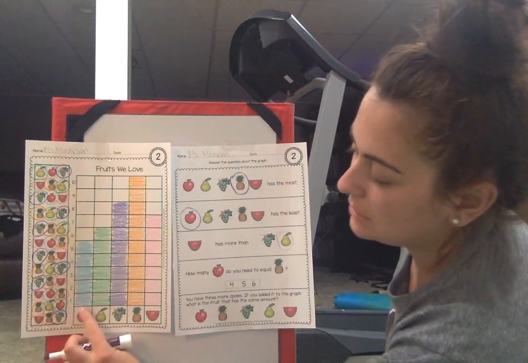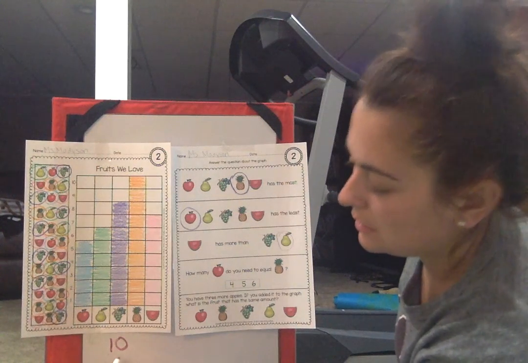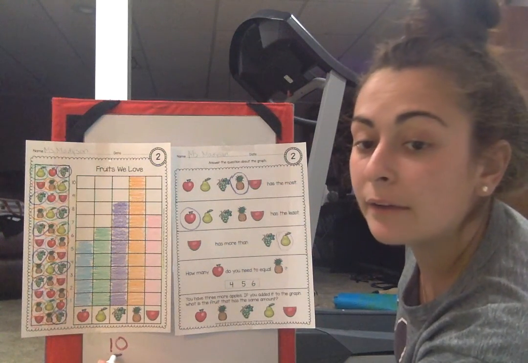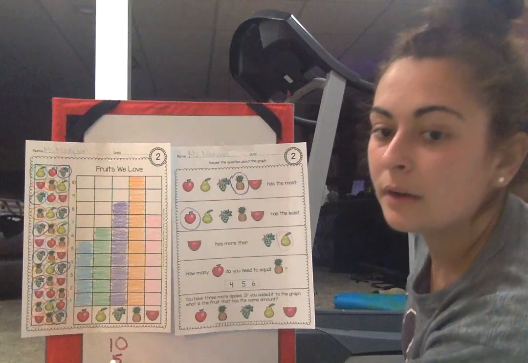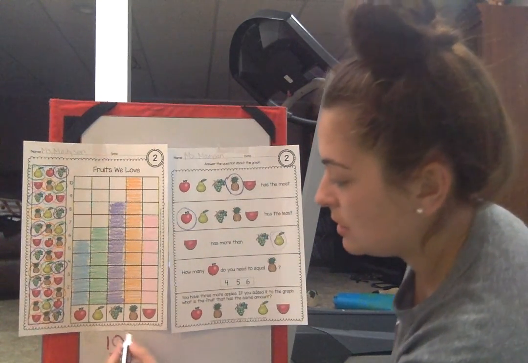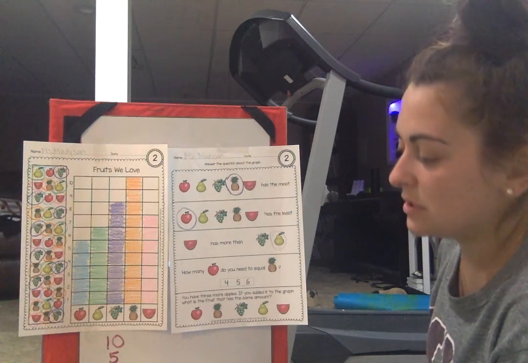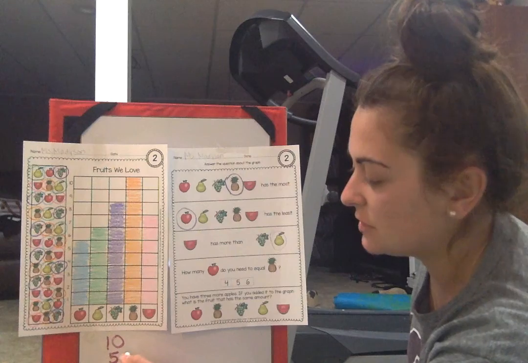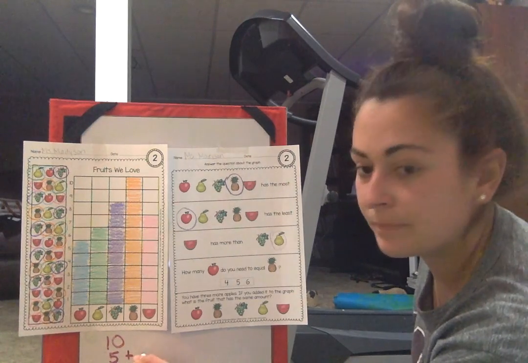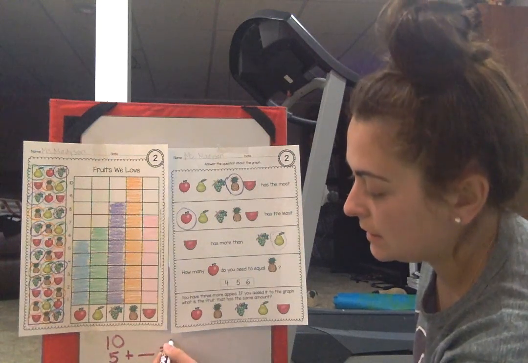So this one has 5. So we have 5. So 10 pineapples and 5 apples. So we need to get this 5 to 10. So 5 plus equals 10.